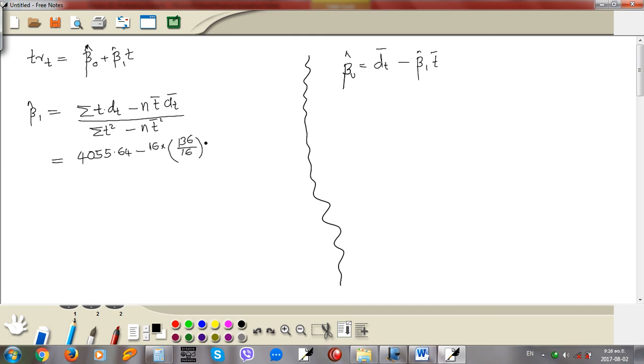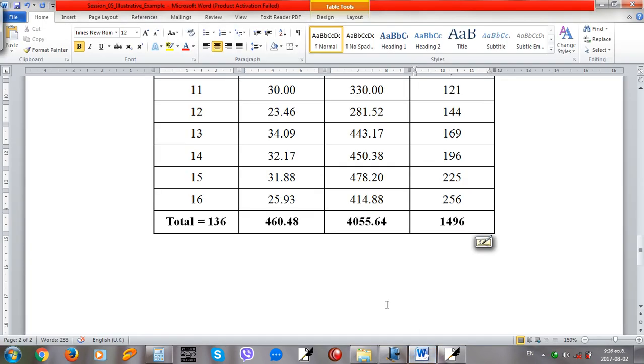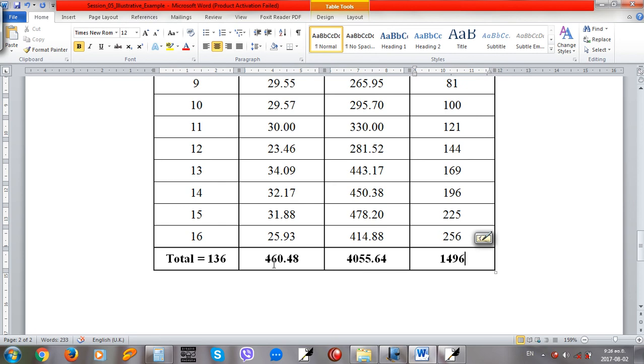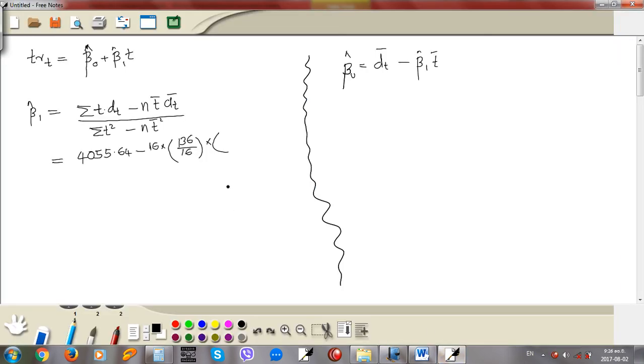And dt bar means sigma dt over n. Sigma dt is 460.48. You need to find dt bar, it means you need to divide by the number of entries, that is 16, right?